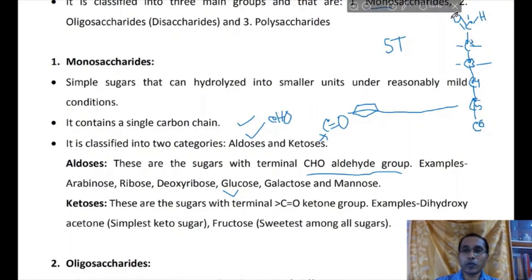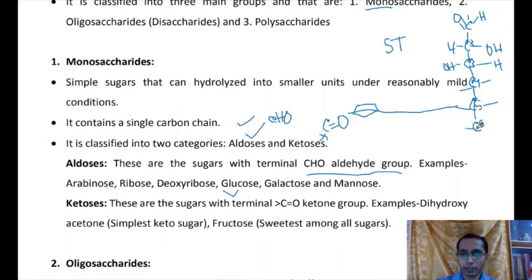So CHO is the aldehyde group, the first carbon atom. In the second carbon, the HOH orientation is like this. In the third carbon, the OH is on the left side. You can easily remember: the OH is on the left side, H is on the right side, and the remaining are the same, HOH and HOH.